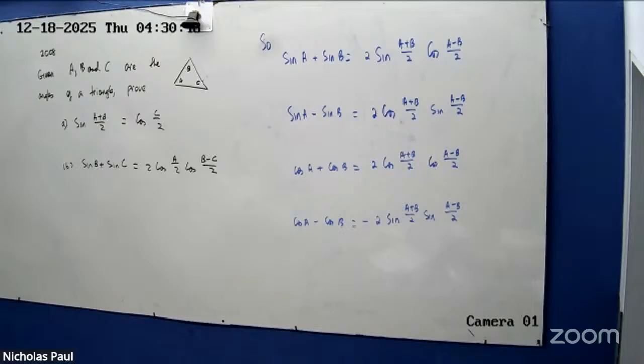Remember the triangle. If it's a triangle and we have A, B, and C, what can we say about a triangle? It has something to do with angles.